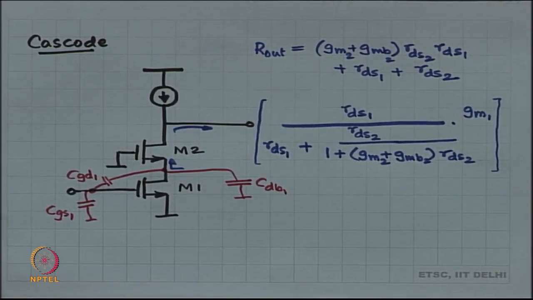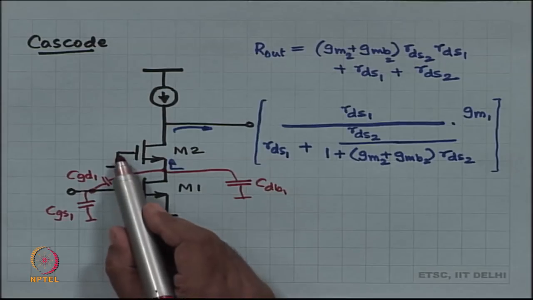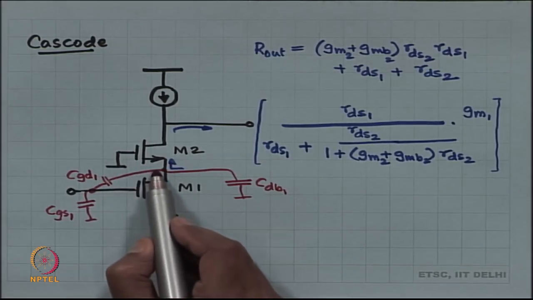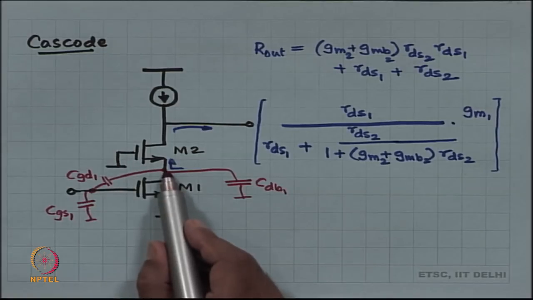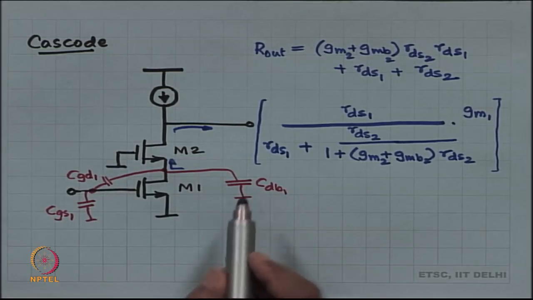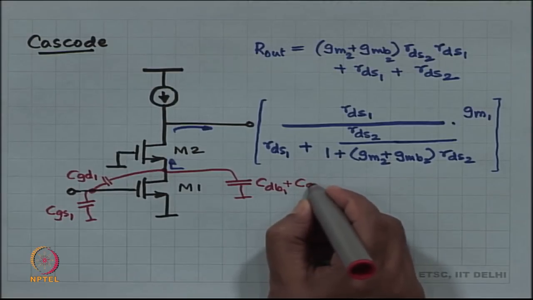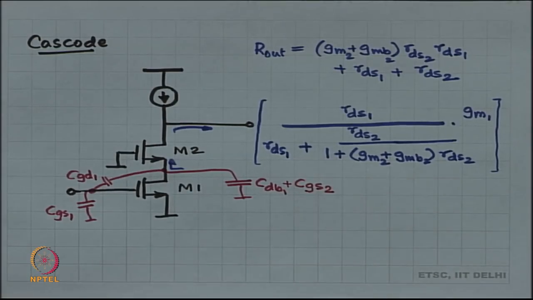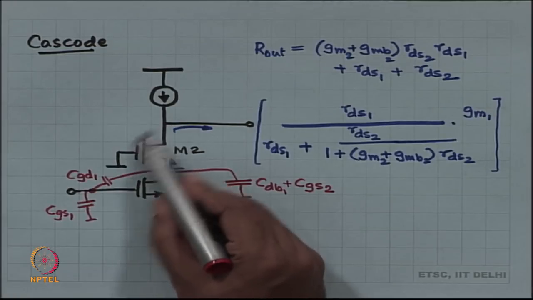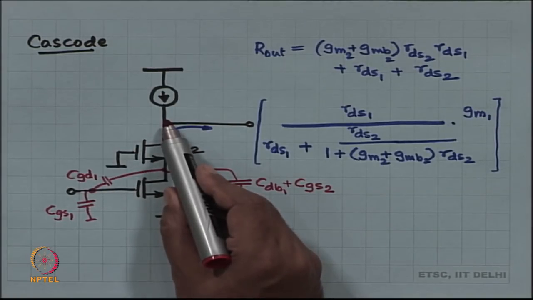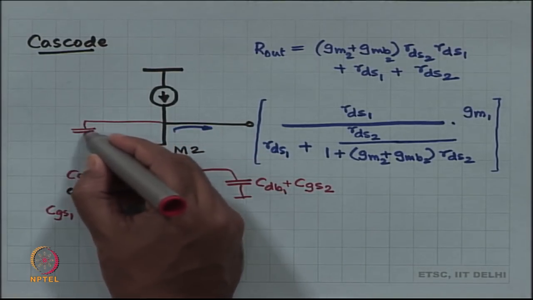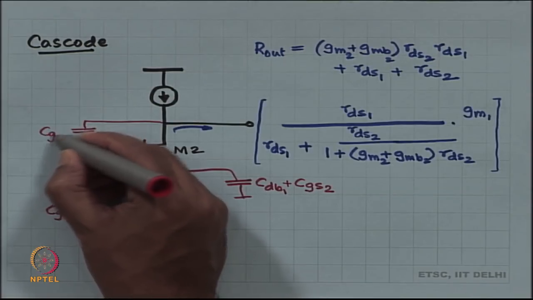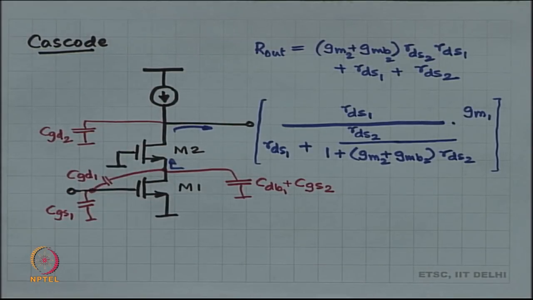Then let us talk about MOSFET number 2. We have C gate to source of MOSFET number 2. Now, C gate to source is between source and ground, okay, and we had a similar capacitor over here. So, it just adds on to this. Next, we had C gate to drain of MOSFET number 2. All right.